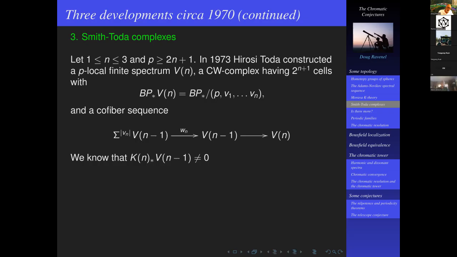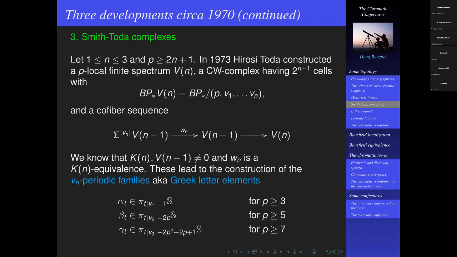But one thing we know about these is that the nth Morava K-theory on Vn minus 1 is non-trivial, and we know that that map, W sub n, induces an isomorphism in the nth Morava K-theory. That means that Vn has the same Morava K-theory as a point. And these lead to the construction of certain families of elements in the homotopy groups of spheres that live in the dimensions that are indicated here.